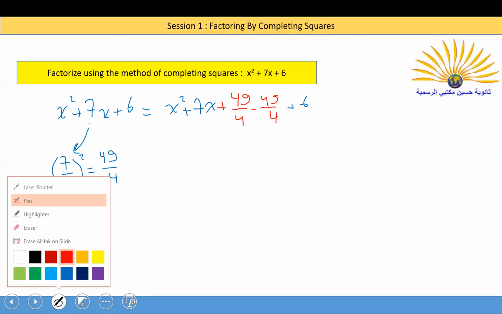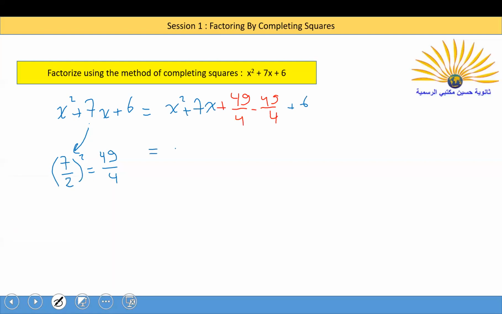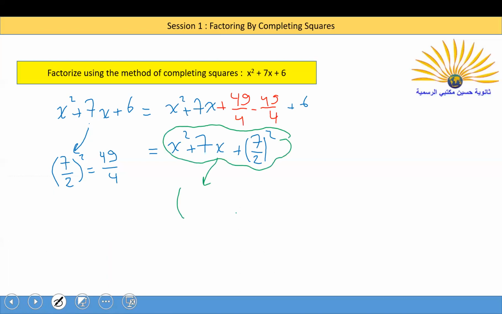Let's see. You get x squared plus 7x plus 49 over 4, which is in fact 7 over 2 squared. This is the first three terms, which will later be written like this: x plus 7 over 2, all of it squared.